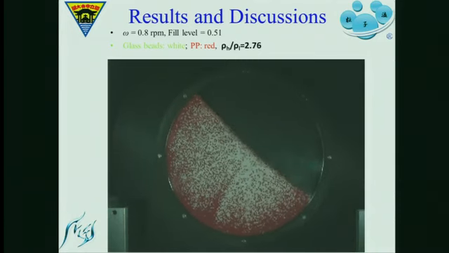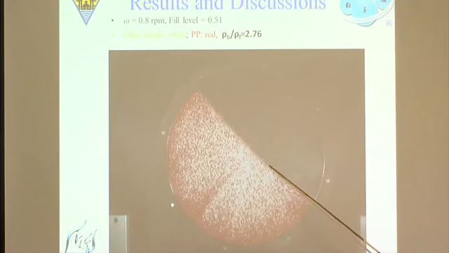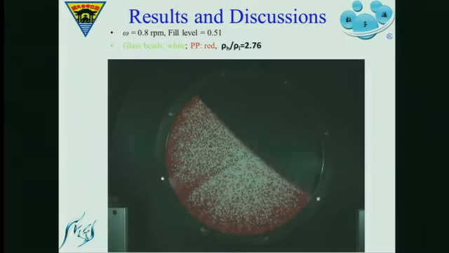It seems this time is red, and then white, and then red, and then white.